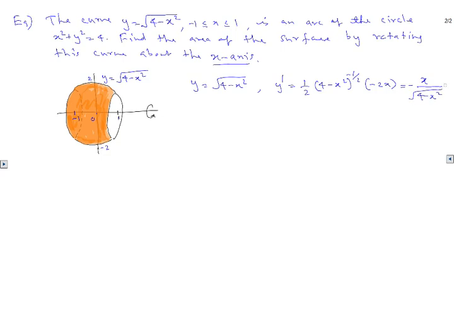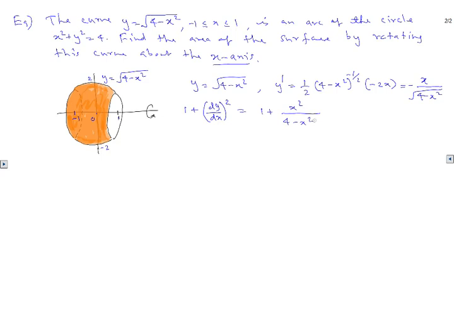The next thing is 1 plus (dy over dx) squared. So it is 1 plus, squaring this, x squared over 4 minus x squared.